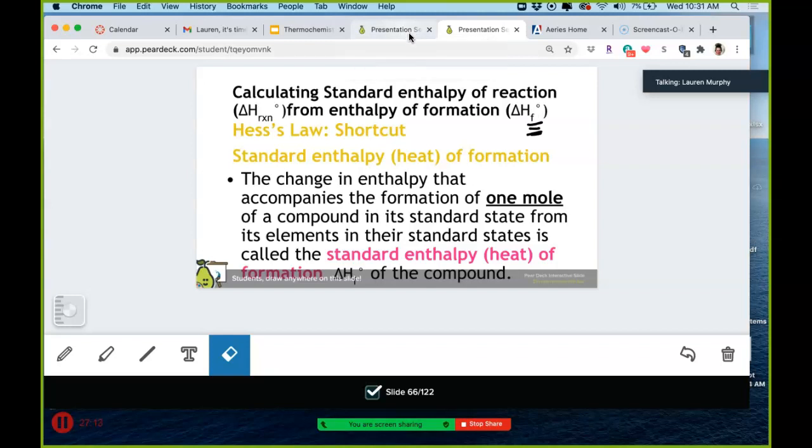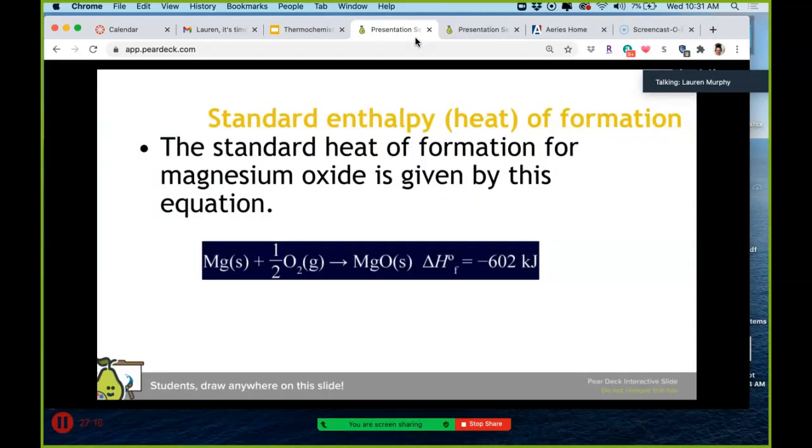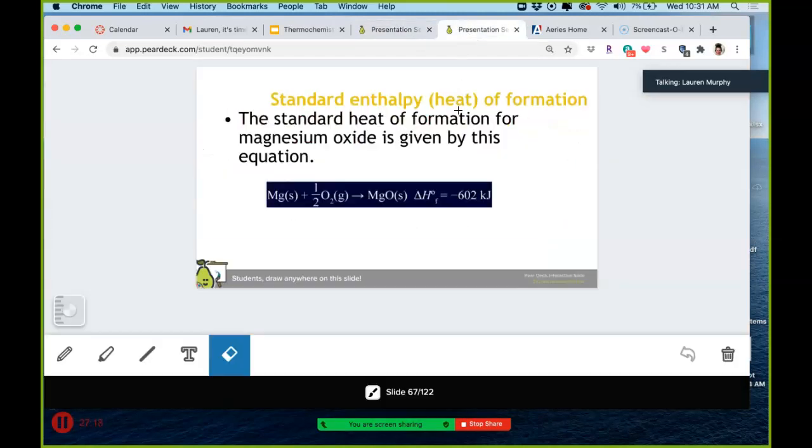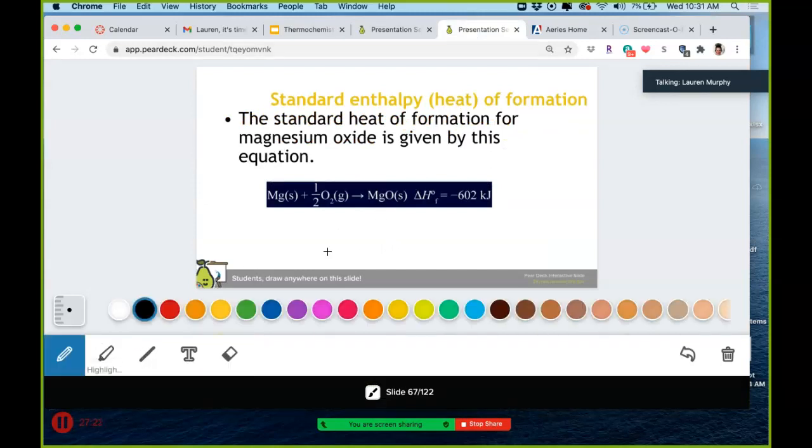So let's talk a little bit more about what formation means. This is the formation of magnesium oxide from its elements. The elements that make up magnesium oxide are magnesium, and then, under standard conditions, oxygen's diatomic. Before, when we were balancing, you would put a 2 here and a 2 here, which isn't wrong, but it is wrong for a formation equation.